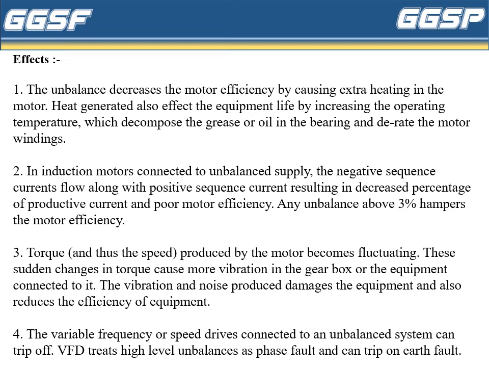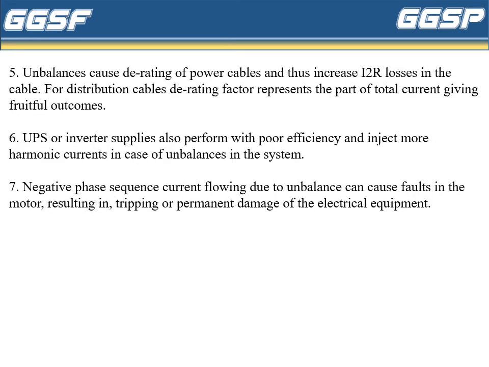Fourth, the variable frequency or speed drives connected to the unbalanced system can trip off. VFD, that is variable frequency drive, treats high level unbalances as a phase fault and can trip on earth. Fifth, unbalance causes derating of the power cables and thus increases I2R losses in the cable. For distribution cables, derating factor represents the part of total current giving fruitful outcomes.